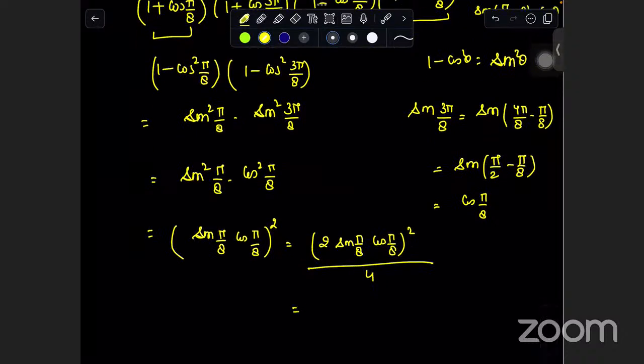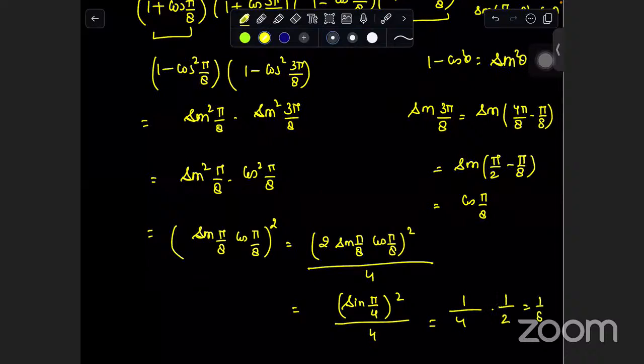2 sine theta cos theta will be sine 2 theta. So it is sine pi by 4 whole square upon 4. So it is 1 by 4 and sine pi by 4 is 1 by root 2. So the answer will be 1 by 2. So overall answer will be 1 by 8.